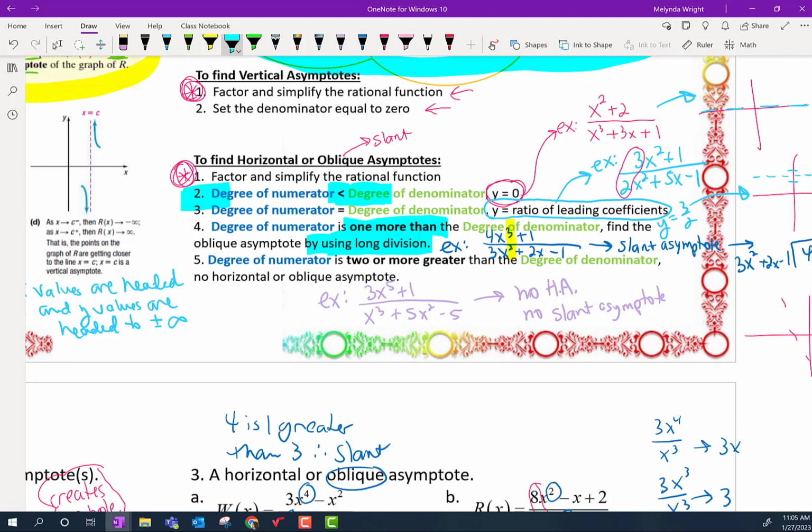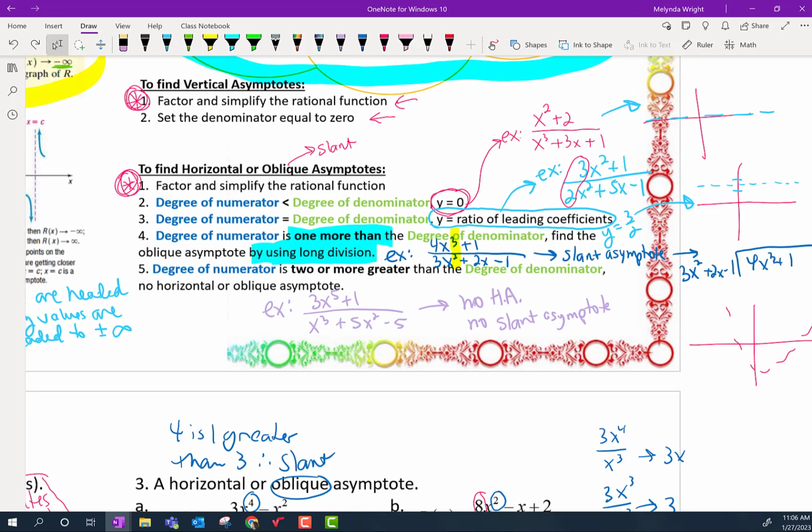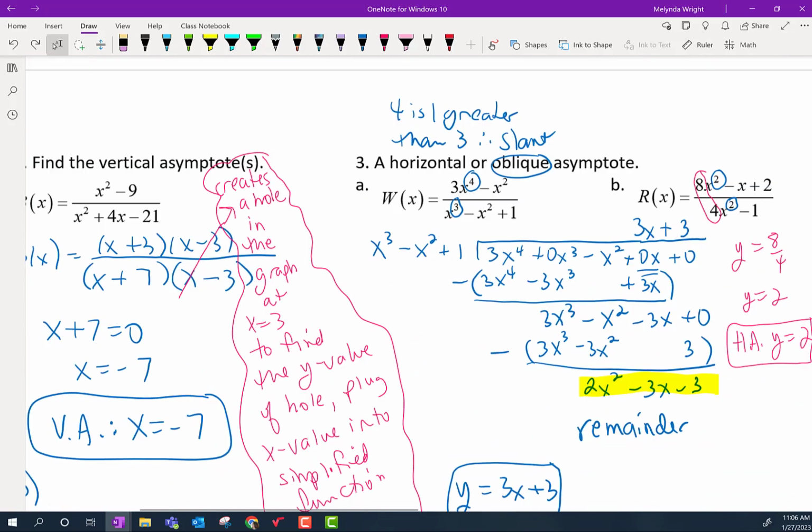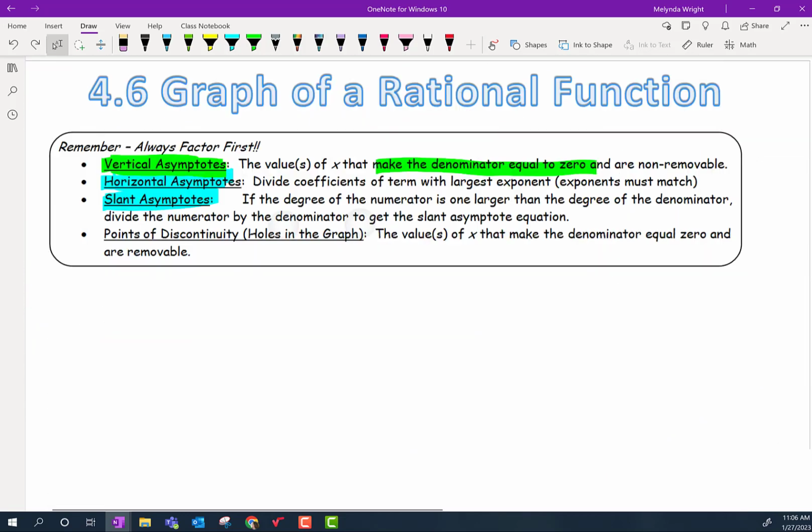If the degree of the numerator is the same as the degree of the denominator, then we divide the leading coefficients, and that's our horizontal asymptote. And if the degree of the numerator is one more, then we have a slant asymptote. We practiced finding all of those asymptotes last time, so we're going to be using that information today.